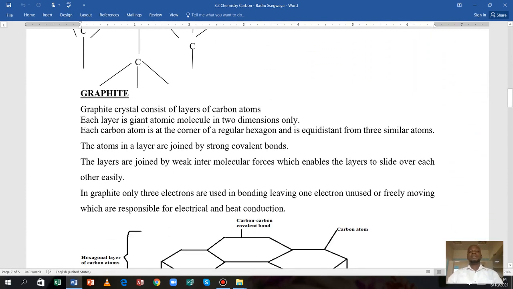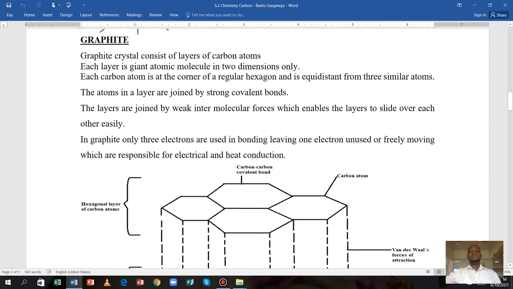Graphite is also a crystalline form of carbon. However, it is made of hexagonal layers. Each carbon atom is at the corner of a regular hexagon, bonded to 3 other carbon atoms by strong covalent bonds.